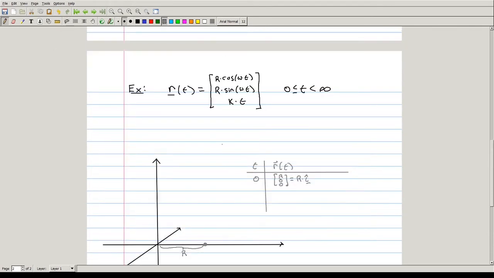And it's important that right from the beginning you remember that this expression is the same thing as r times cosine of omega t times i hat plus r times sine of omega t times j hat plus k times t times k hat. I guess k would probably not be the best thing to use here because you have a k hat here and a k here. So I think what I'll do is change this to just be a.